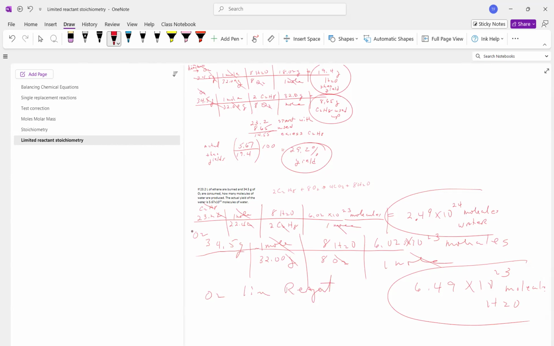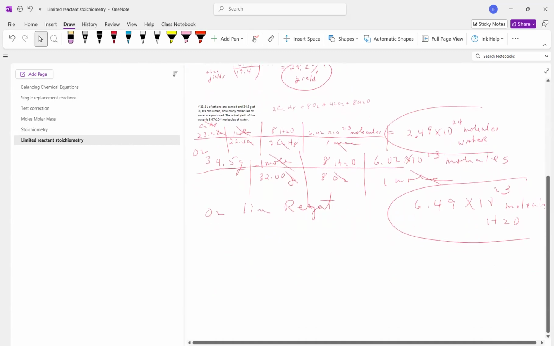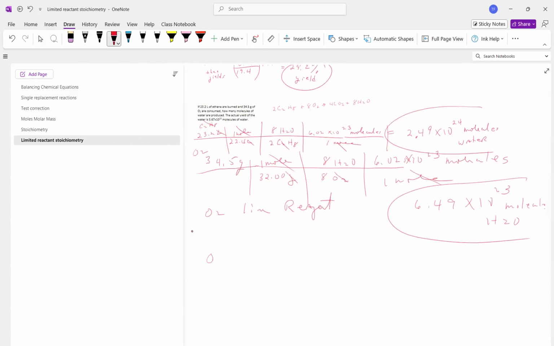So for the third calculation, we're starting with the limiting reagent, getting it to moles. So oxygen is going to be 8, and the ethane is 2.